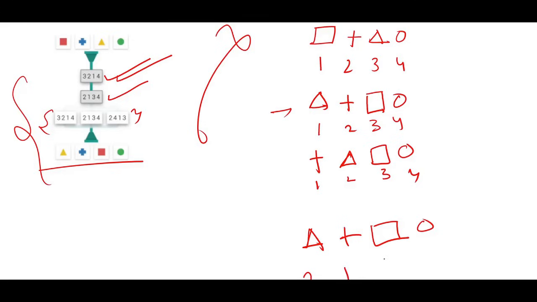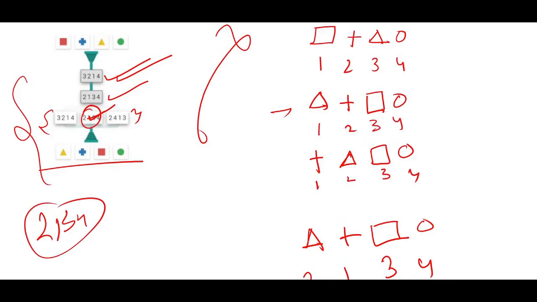Then this on 3, then 3, then circle is on 4, then 4. So 2 1 3 4. Let's take the correct answer, which is 2 1 3 4. So this would be our answer. Now you guys can see there are multiple iterations. So this is the difficult level. I hope you guys got it, because I explained very easily how you can solve this. So that's how you will solve the difficult level of the switch challenge.